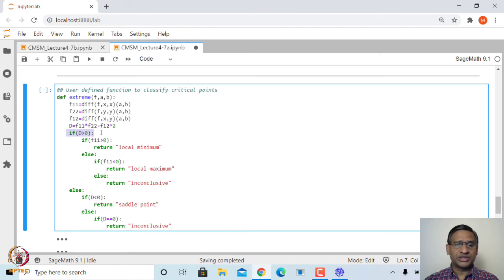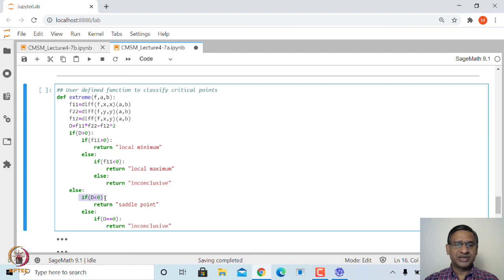If the determinant is positive, then check the first term in the Hessian, that is f11, the second order partial derivative of f with respect to x twice. If this is positive, then it is a local minimum. If it is negative, then it is a local maximum. If it is neither positive nor negative, then the test is inconclusive.